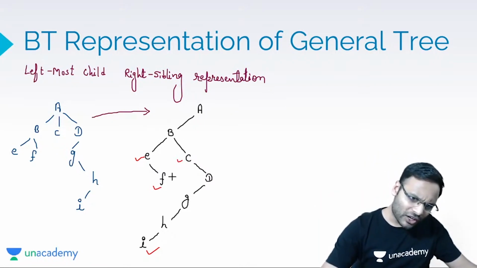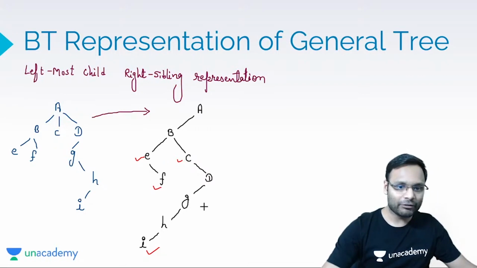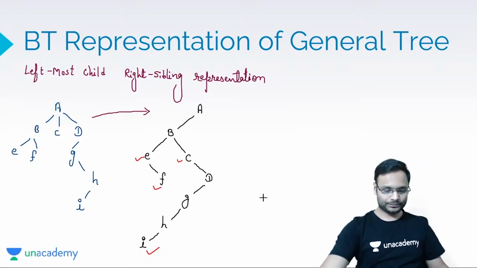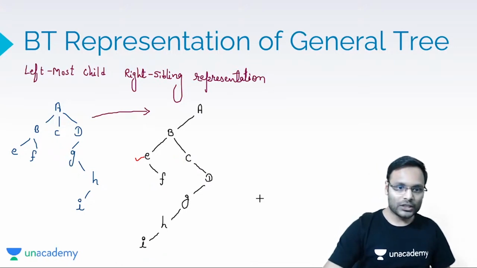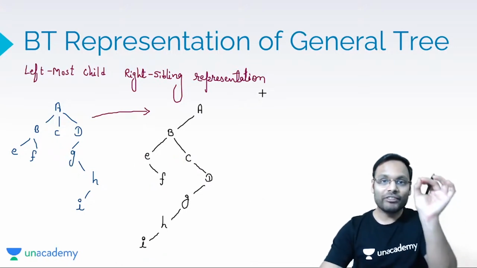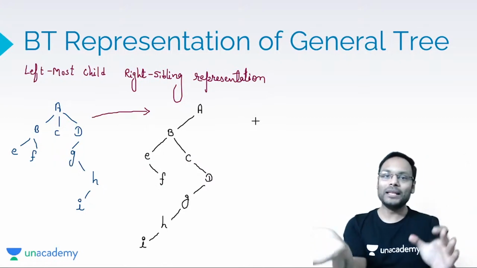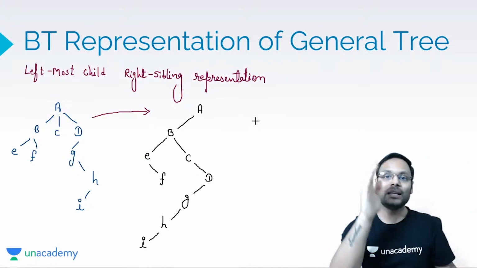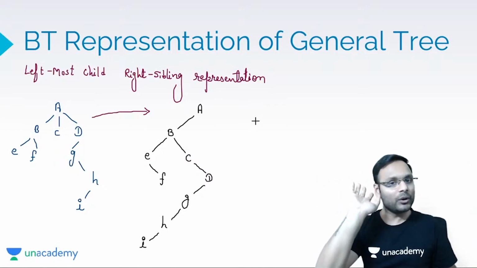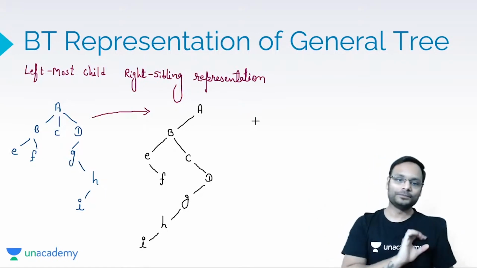B's children, E and F, are in its left side. D's children are in the left side. Right side only sibling. Understood? Leftmost means the very first from the left side should be in the left. Right sibling means right side से sibling. Right में only sibling, left में child.